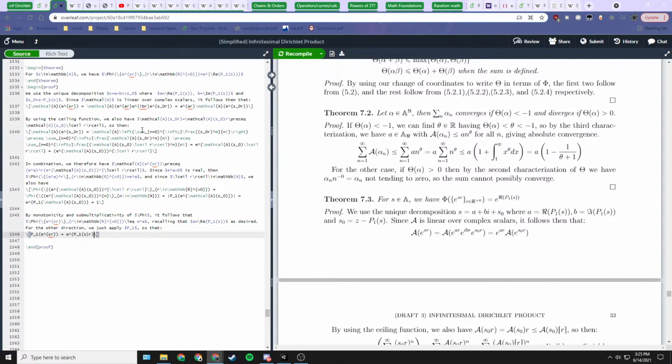And then we can say phi of this whole mess is bounded by, just less than or equal to, phi of e to the P1 of e to the SR, which is equal to the entire same mess, but with P1 on the inside.